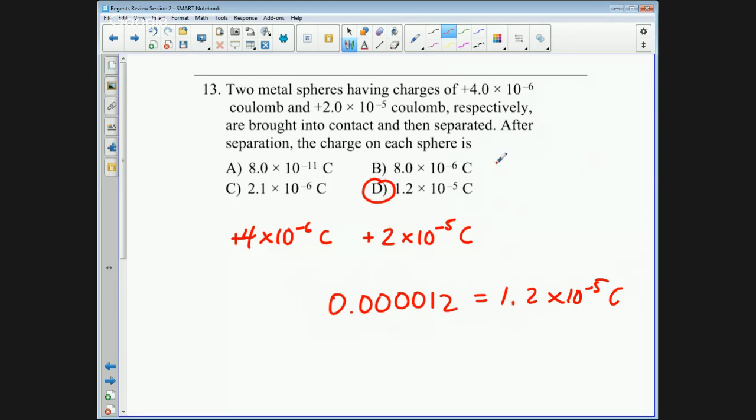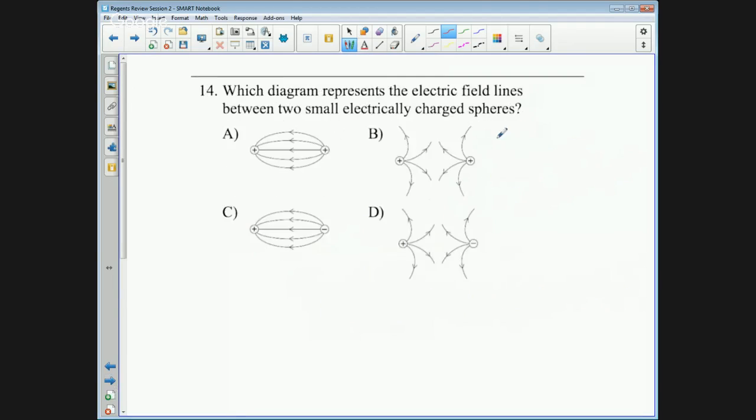So to figure this out, you're averaging the charges if they're touched and then separated. Okay, next, thanks Alexandria. Next, number 14 says, which diagram represents the electric field lines between two small electrically charged spheres?